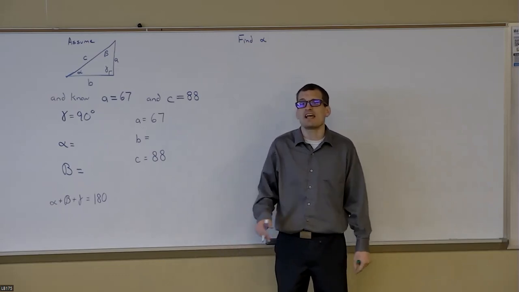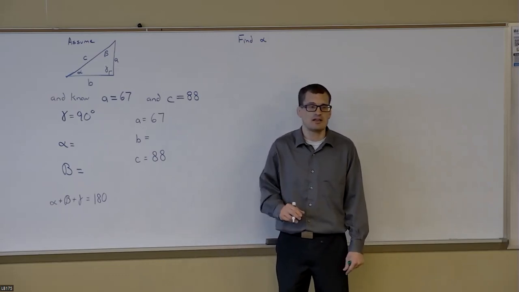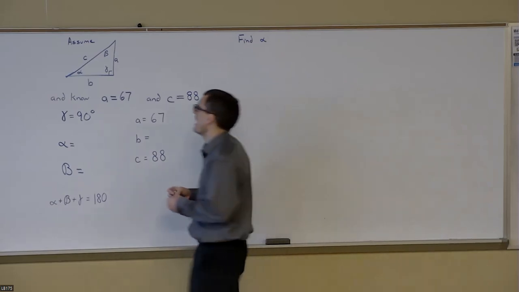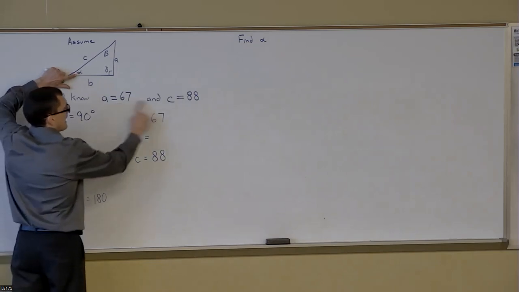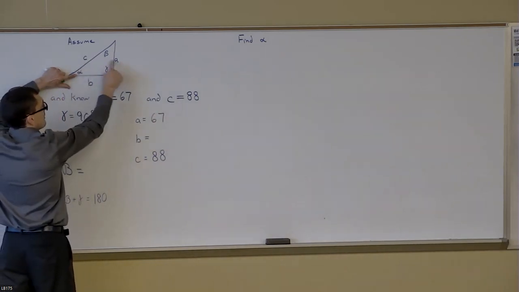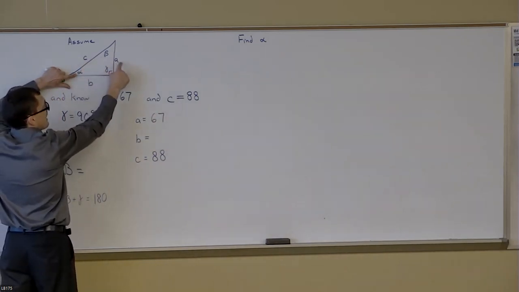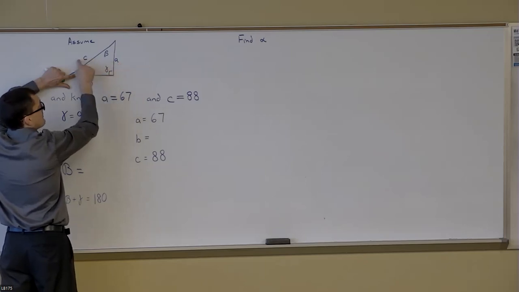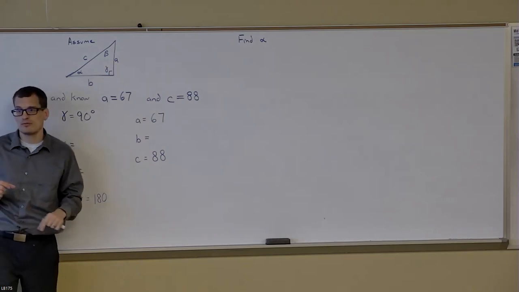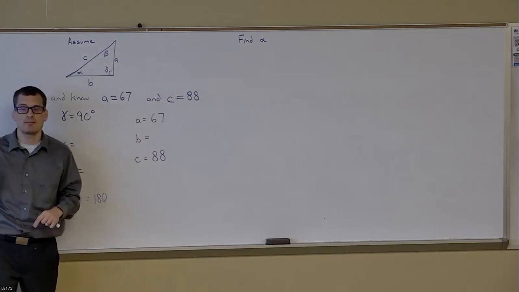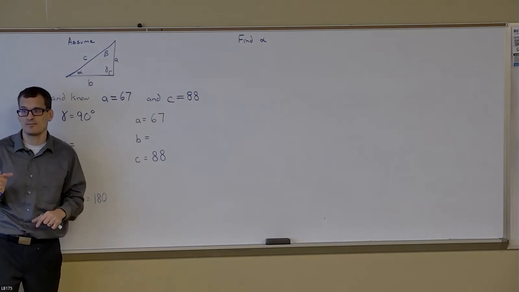But once I say I want to find angle alpha, then I go to angle alpha and say, what are a and c? Well, a is the side opposite, and c is the hypotenuse, right? So the part of SOHCAHTOA which deals with opposite and hypotenuse is the sine.